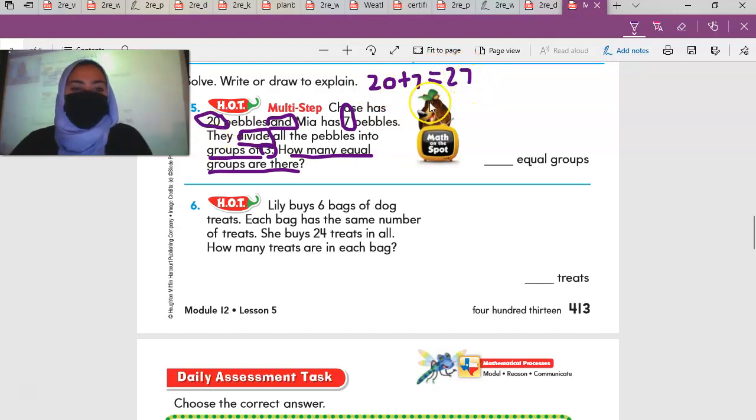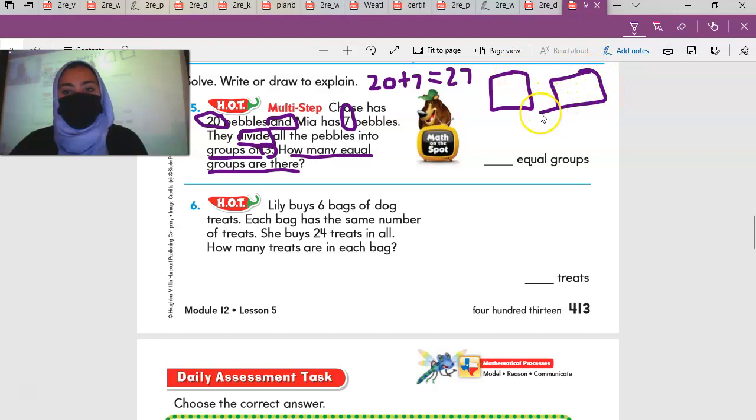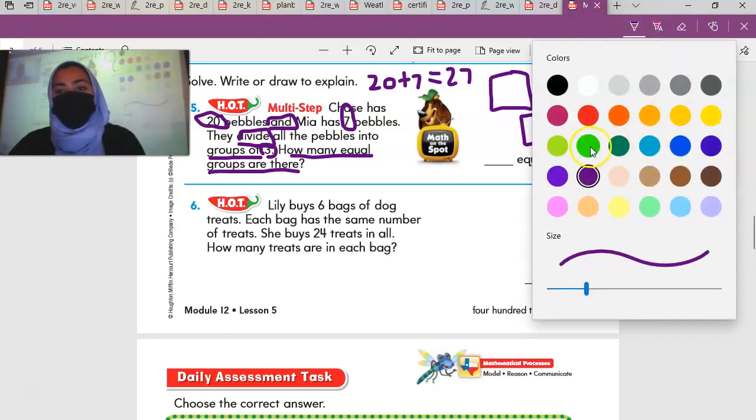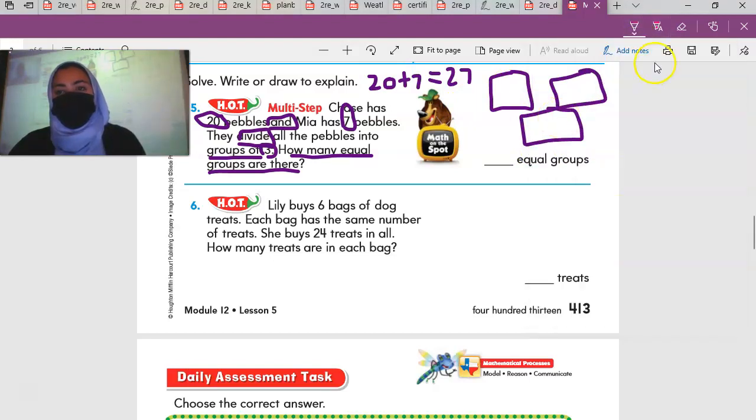And we're dividing these pebbles into equal groups of 3. So I'm going to draw 3 groups. They can be boxes, circles, doesn't matter, but they're going to be 3 groups. And then I'm going to pass out 27 pebbles until all the pebbles are gone.